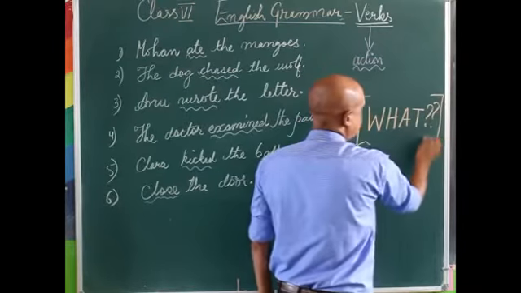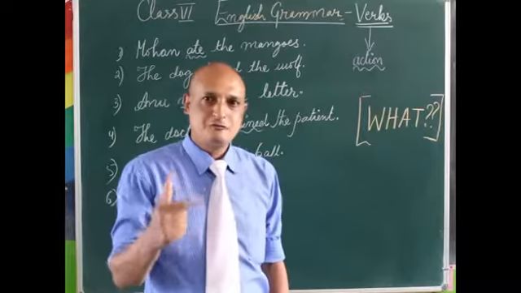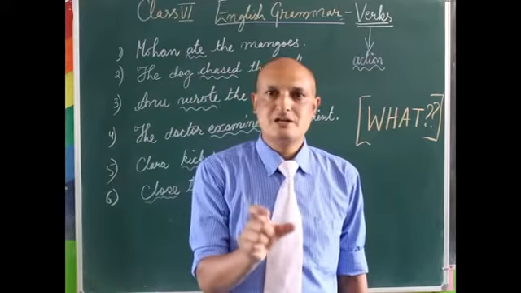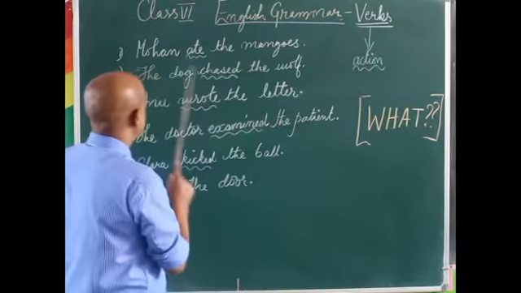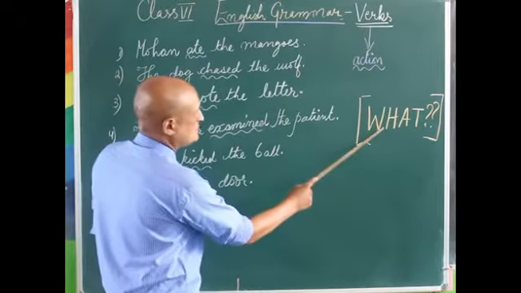We need to question the verb what in order to find the direct object in a sentence. Let's see the first sentence. Mohan ate what?